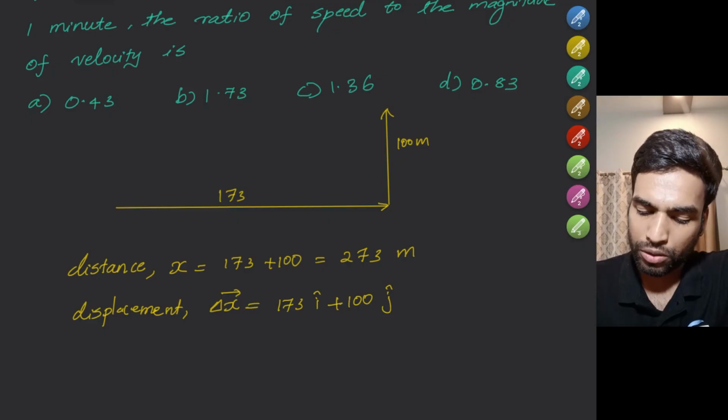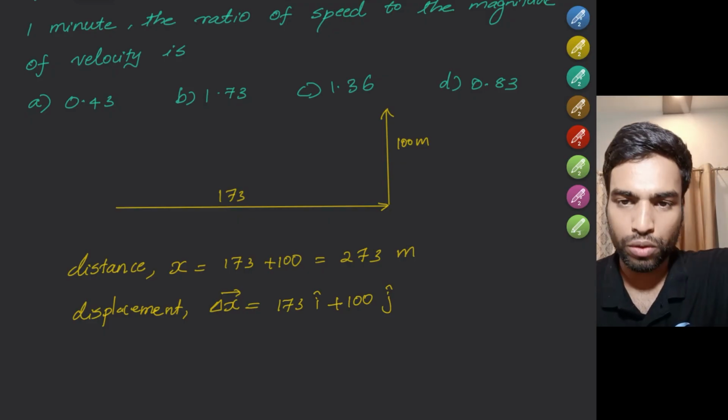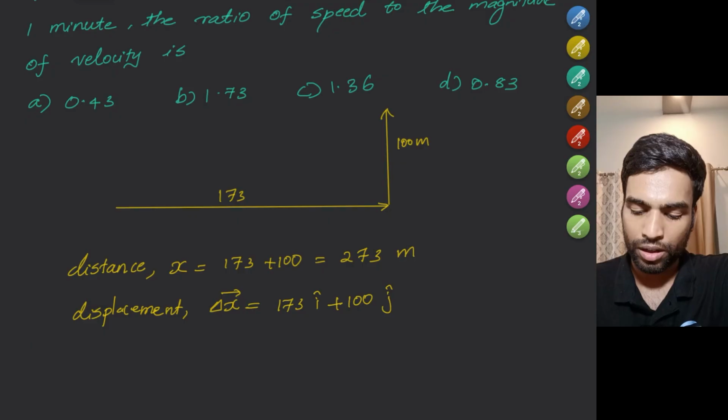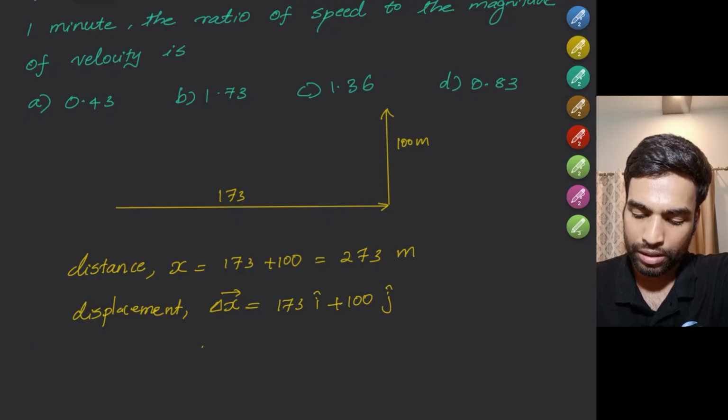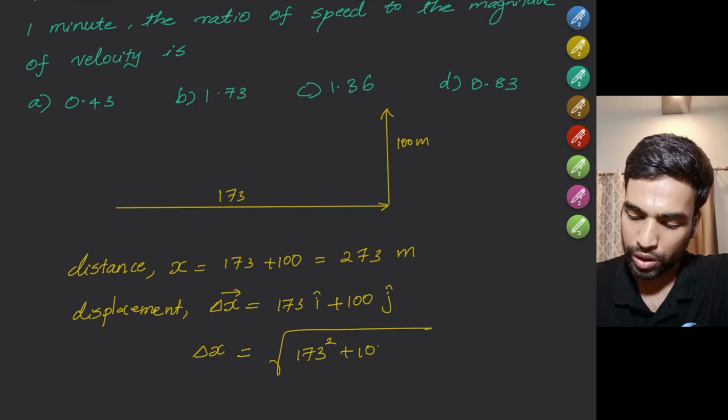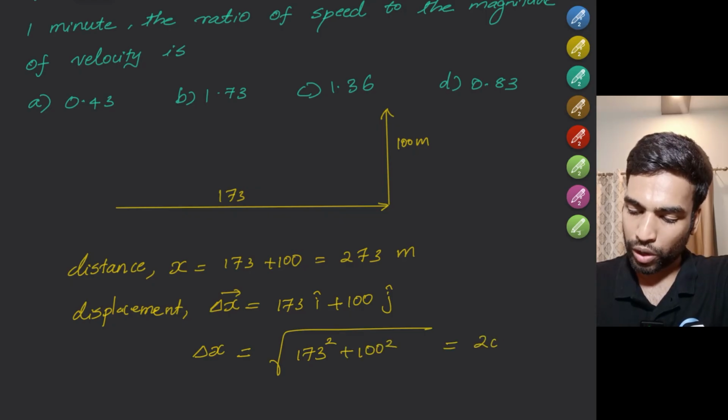So we have to find the magnitude of displacement, and for that let us write delta x is equal to square root of 173 square plus 100 square. This will be equal to 200 meter.